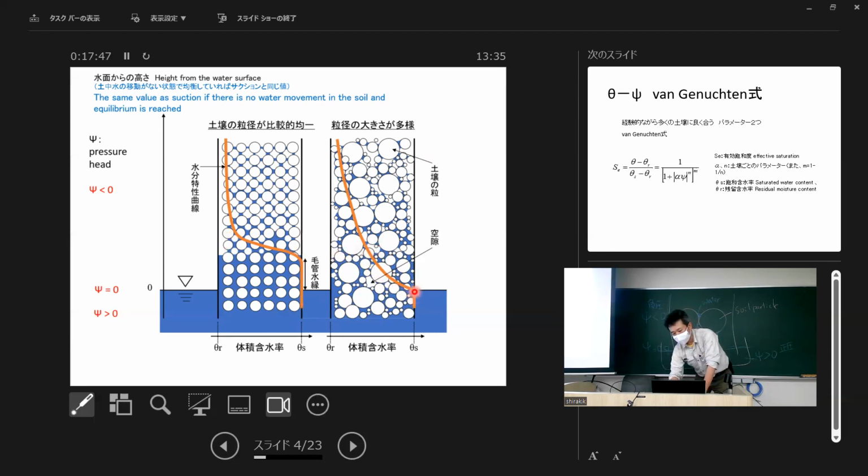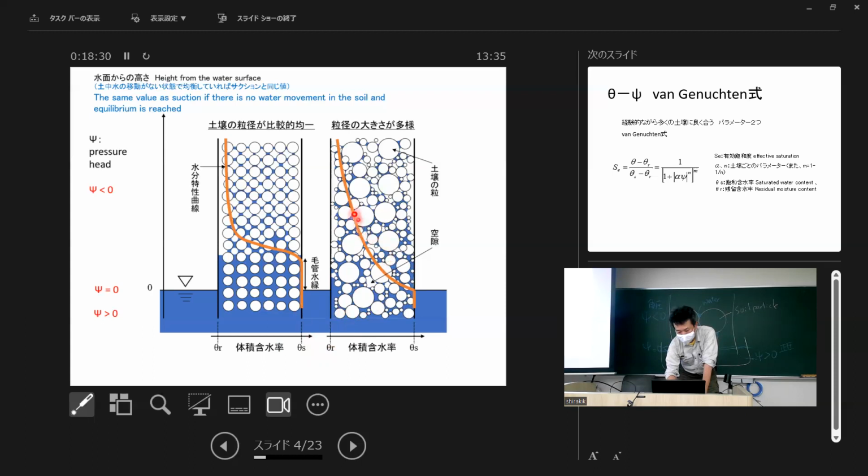When the water height becomes a little higher above the water surface, the water content decreases quickly because there are some bigger spaces. But because there is much variation in space size, the decrease is gentle and gradual, meaning a drier situation.